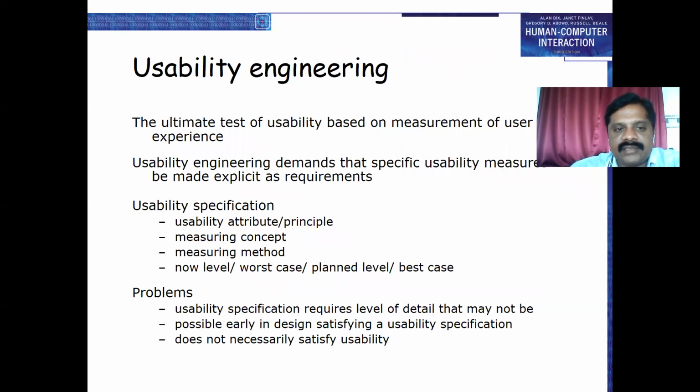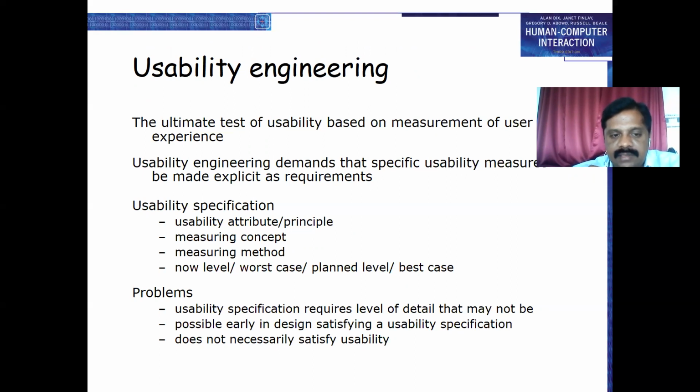Next, usability engineering. The ultimate test of usability is based on measurement of the user experience. So actually the engineering is based on the user experience only. We can give feedback. Usability engineering demands that specific usability measurements be made explicit as requirements.